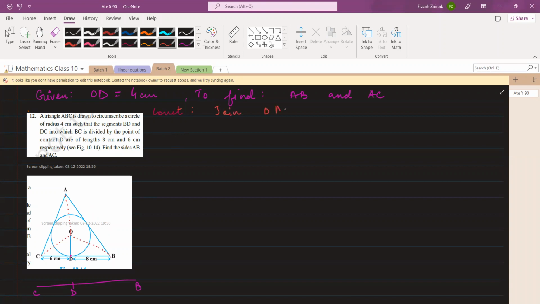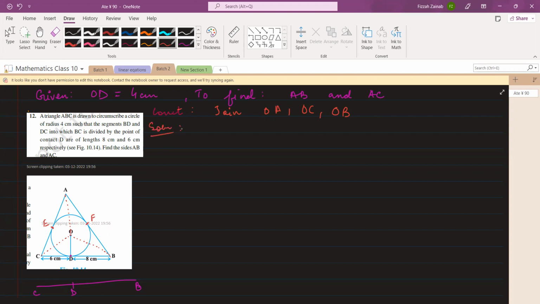So join OA, OC, OB. And we can give names to the points of contact of the tangent; I'm just calling them E and F.